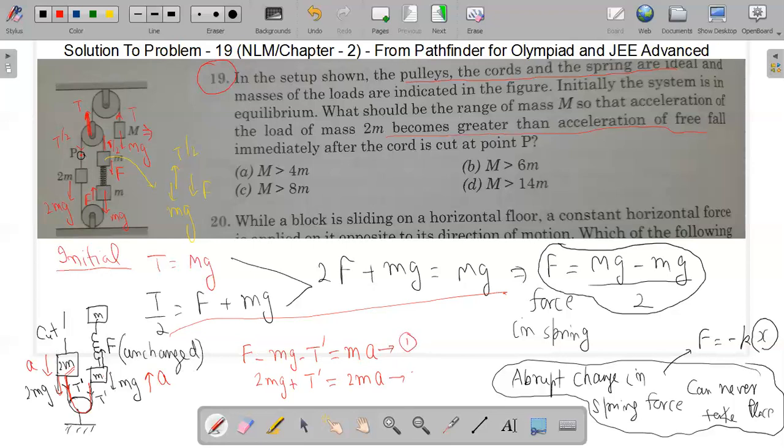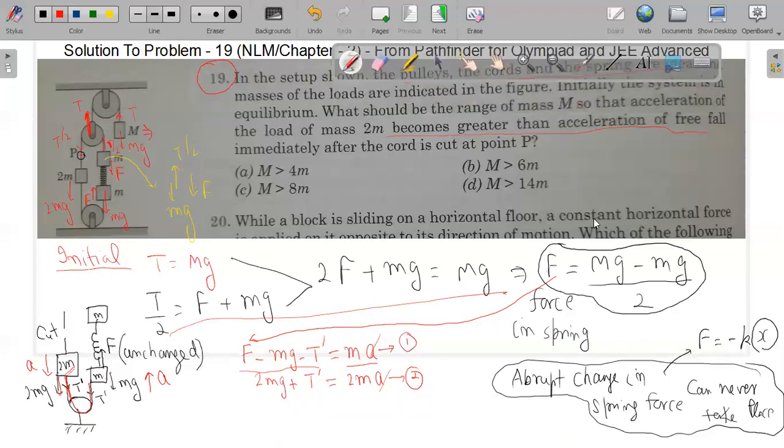All you have to do now is divide these two equations. When you divide them, a will be cancelled. You will find T dash. You have to replace capital F with this value, and when you replace capital F, you will get the value of T dash.